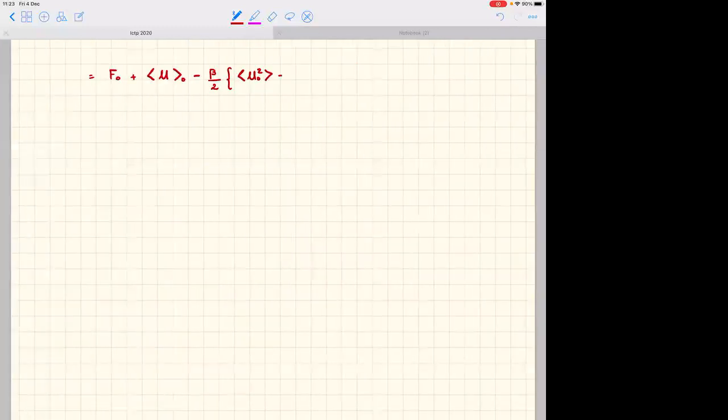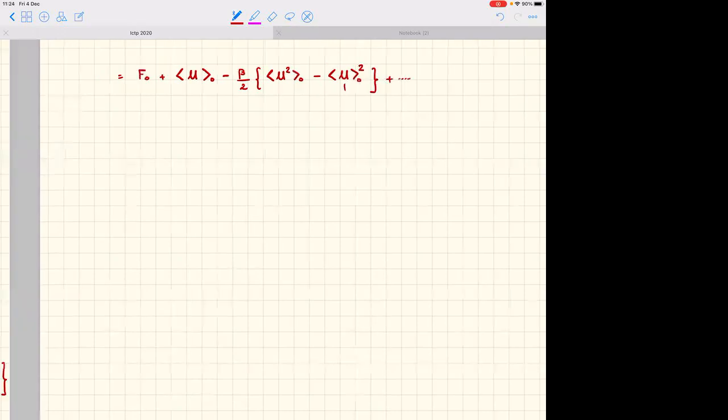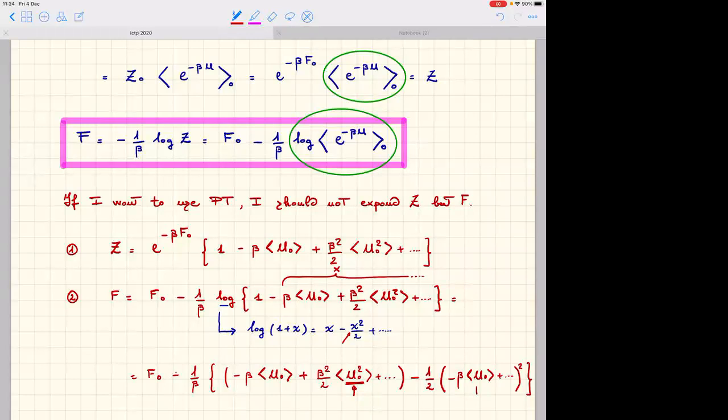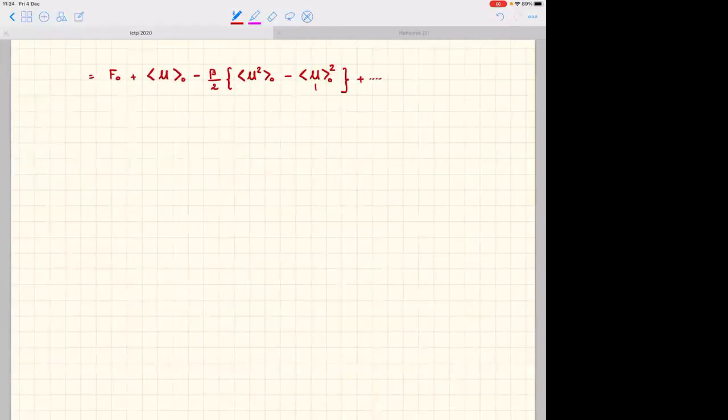And then I will have, not U naught, it's the average of U naught squared minus the square of the average of U naught, plus higher order terms. Where does this term come from? It comes from the square. You see, from this. Plus higher order terms.